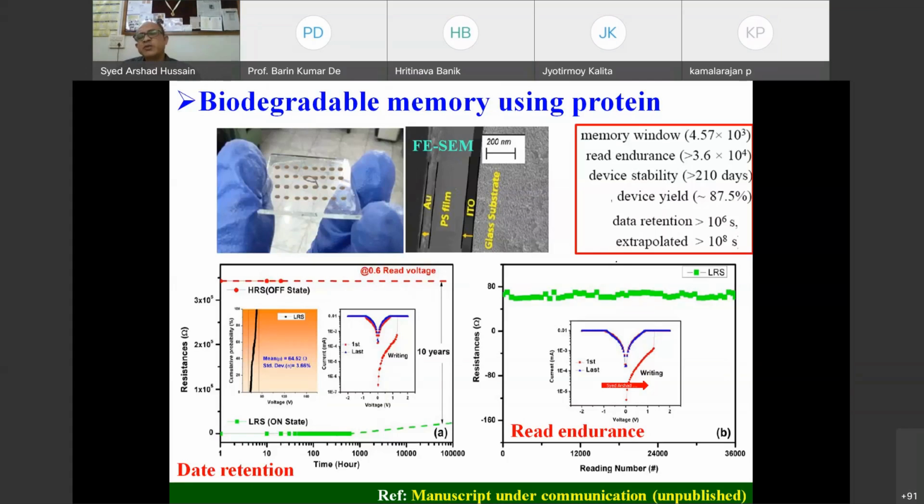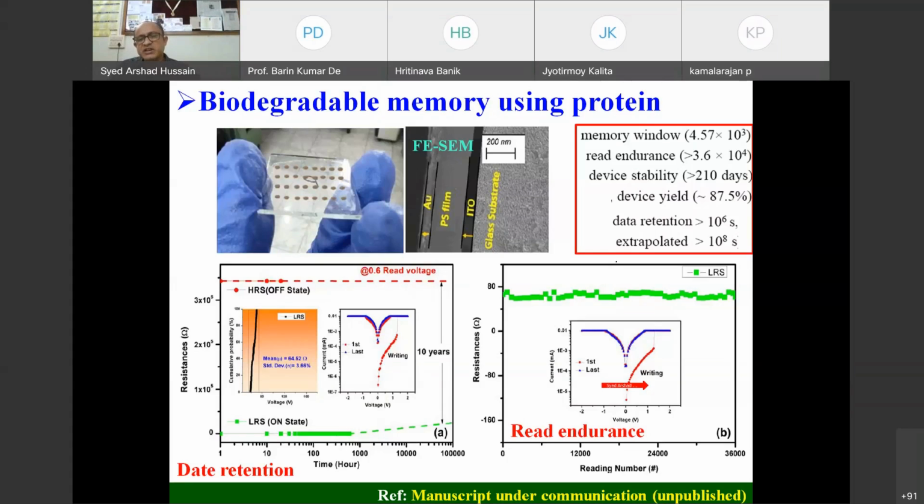So biodegradable transient systems are very promising for future transient electronics and biodegradable electronics also, because nowadays the use of data is increasing. Everyone is using the internet, memory of the order of gigabytes every day.